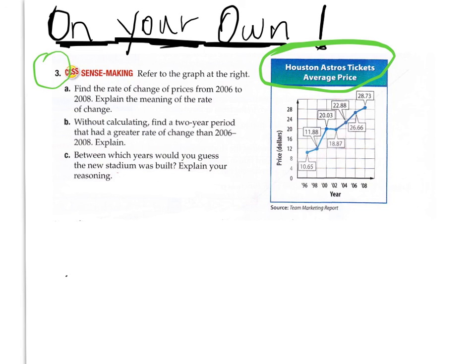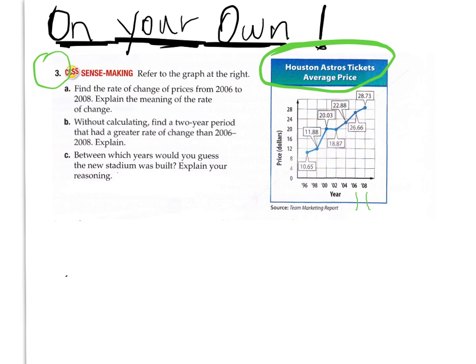Now, notice year 0 is 1995 because your first scale marker is for 1996. So your job, find the rate of change of prices from 2006 to 2008. Explain the meaning of the rate of change.